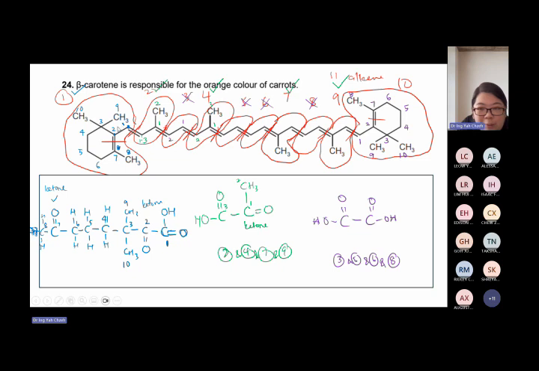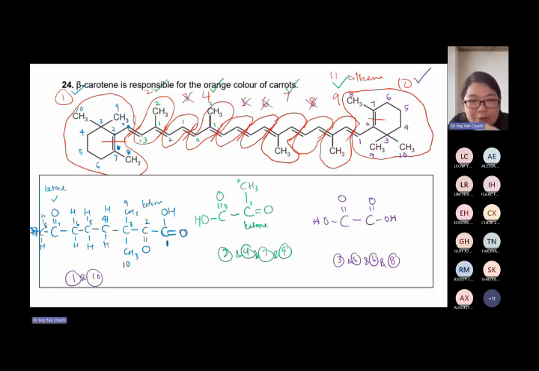Number 2, double bond here. Number 3 bonded to 9 and 10, alkyl groups. Number 4, 5, 6, 7 with double bond. It bonded to alkyl group number 8. Then go back to number 2 again. So product number 1 and number 10, they are the same and also contain a ketone functional group.